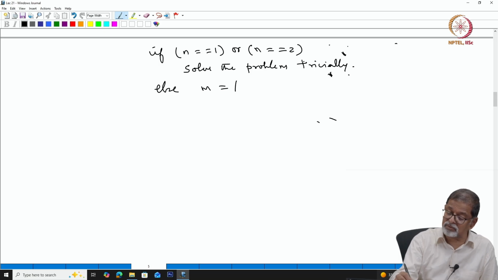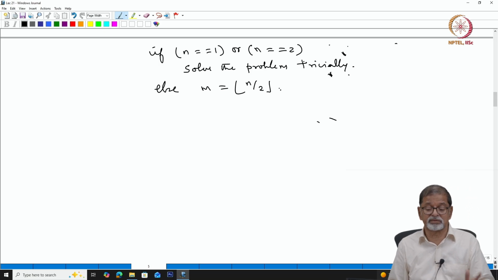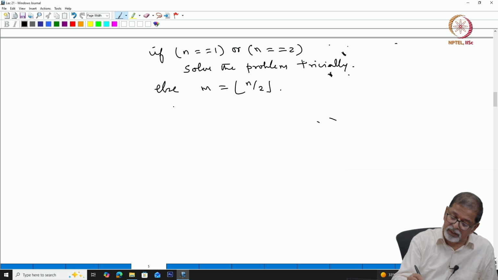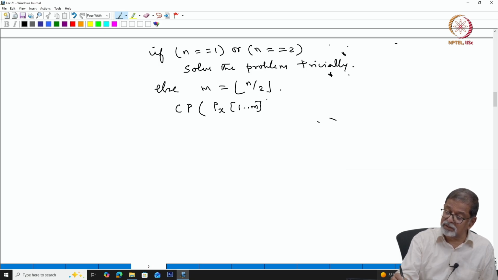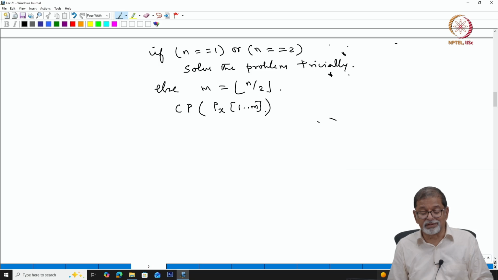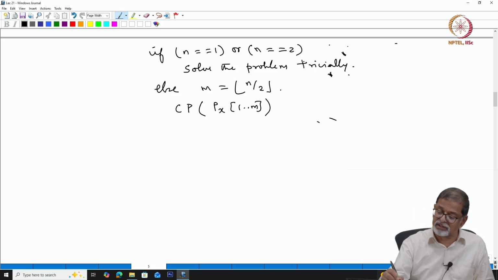Else, m equals floor of n by 2. Now, you apply closest pair on Px 1 to m, the set of points sorted in x order.